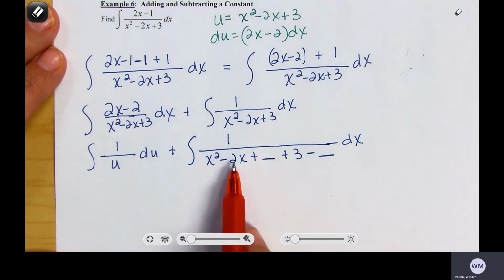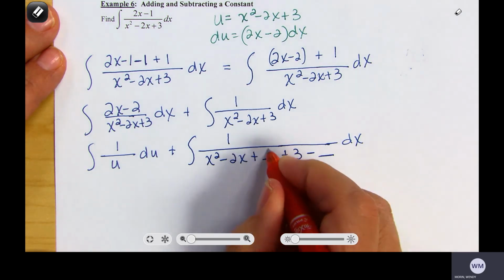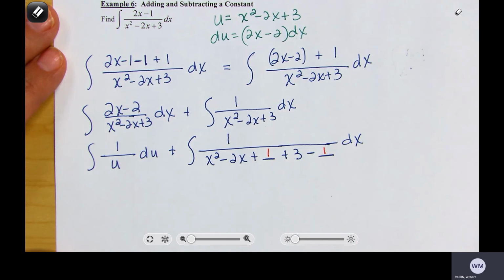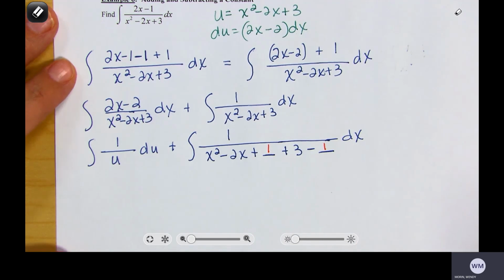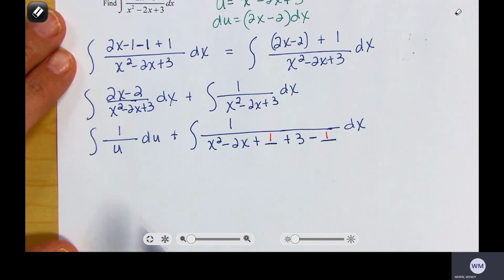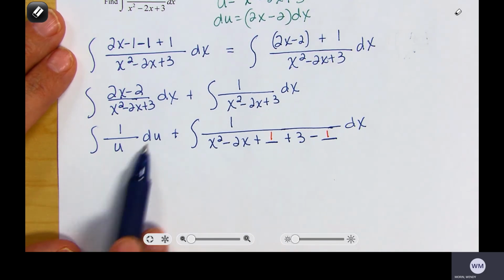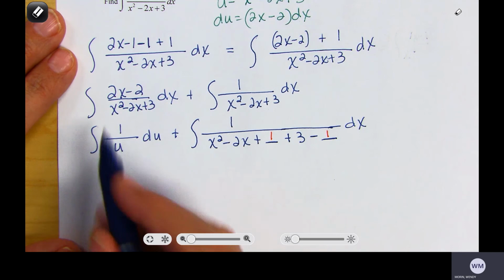Half of b squared. Half of 1 squared is 1. Okay. Well, I can actually do this one now, and then I'll finish this. So let's do this. What's the integral of this?